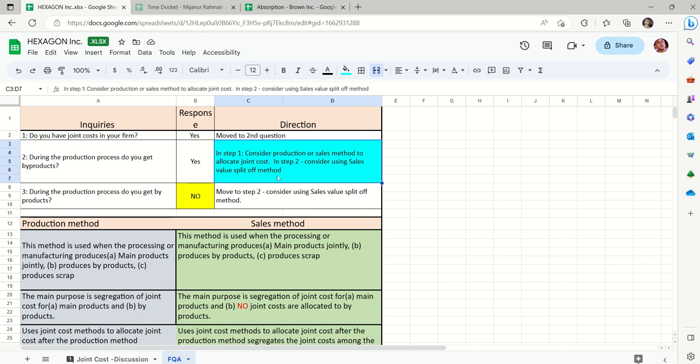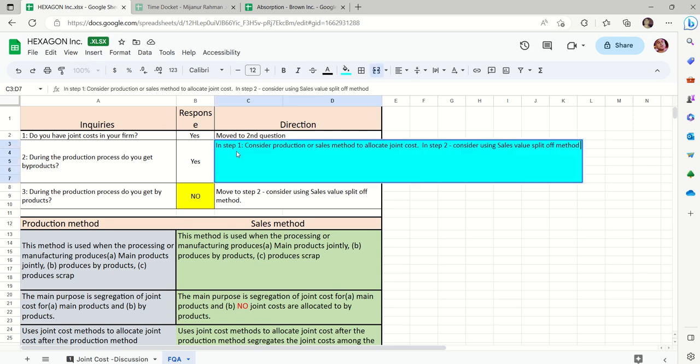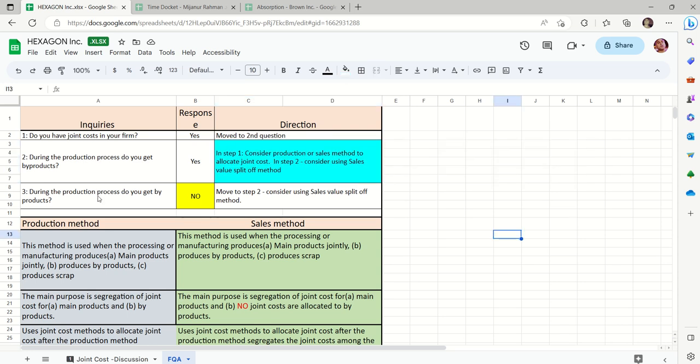So we know there are 2 steps involved right there. In step 1, we allocate the joint cost to the byproduct and main products. In step 2, once that is done, we use the sales value split off method if we have more than one main product.